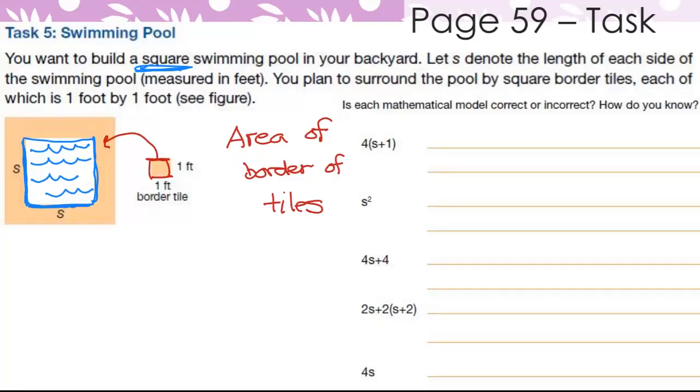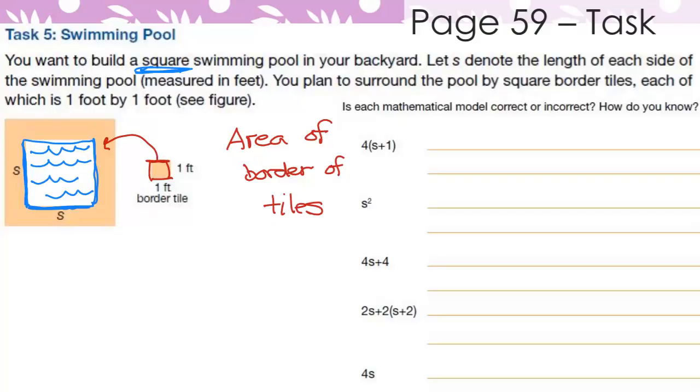Area of the border of these tiles. Okay. So we are trying to see, does each of these expressions make sense for the area of the border of the tiles? All right. So we have 4 times s plus 1. We have s squared. We have 4s plus 4. We have 2s plus 2 times s plus 2, and we have 4s.